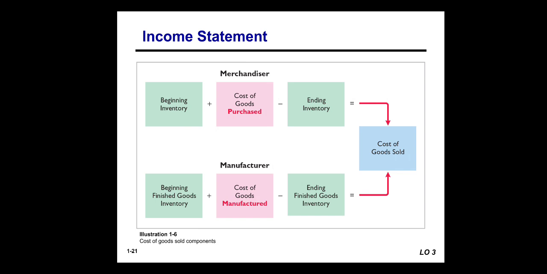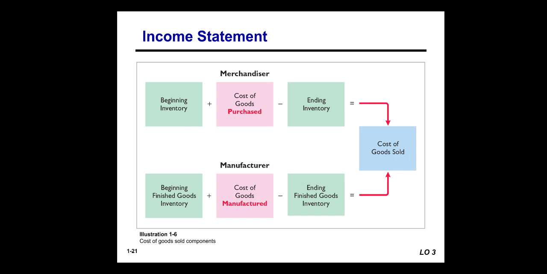To calculate the cost of goods sold for a merchandising business, you have to show the beginning inventory plus the cost of goods purchased, and then minus the ending inventory. Simple. Because a merchandising business purchases things from suppliers and sells the same things to the customer. So calculating the cost of goods sold is easier.